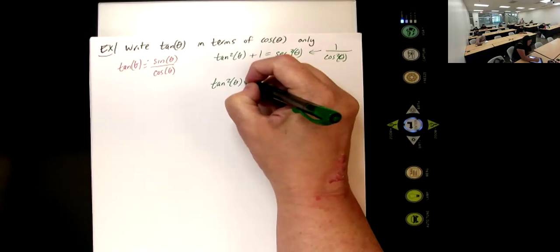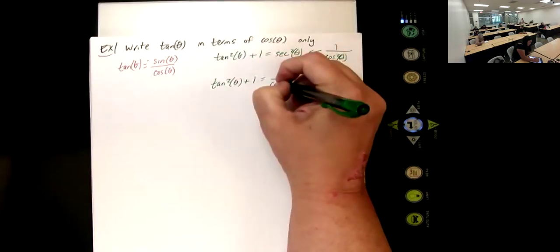Tangent squared theta plus 1 equals 1 over cosine squared theta.